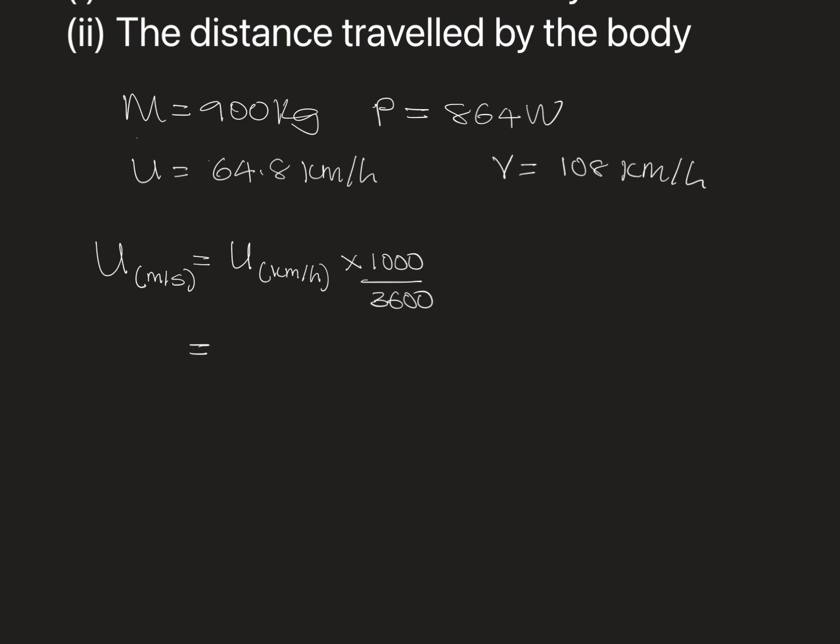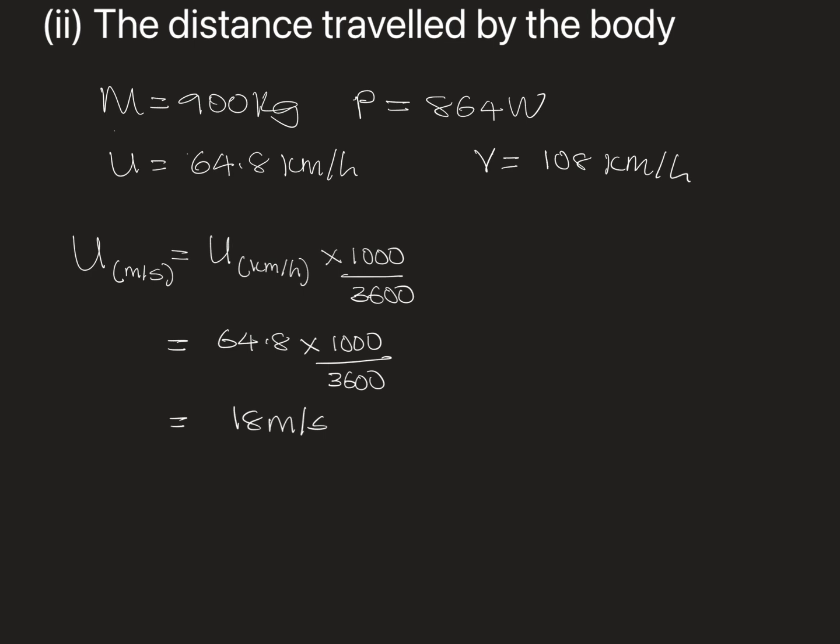So that will be 64.8 multiplied by 1000 divided by 3600. That will give me 18 meters per second.